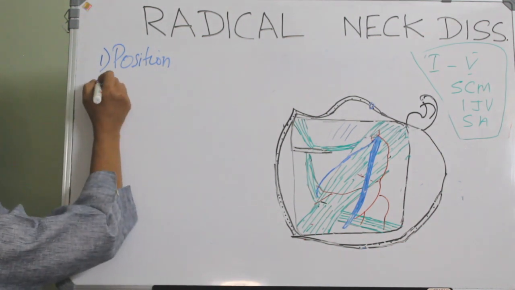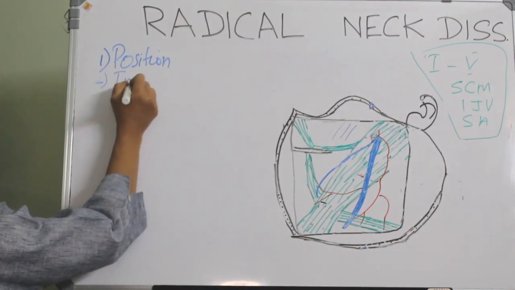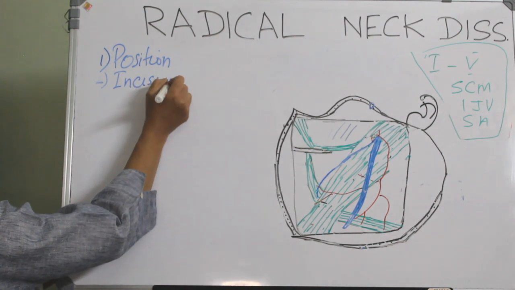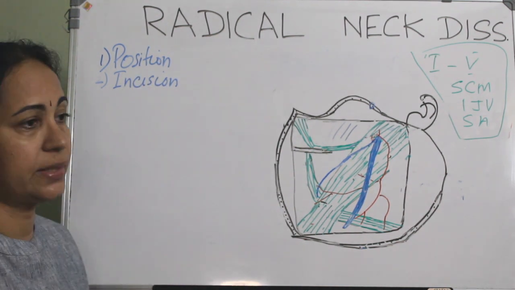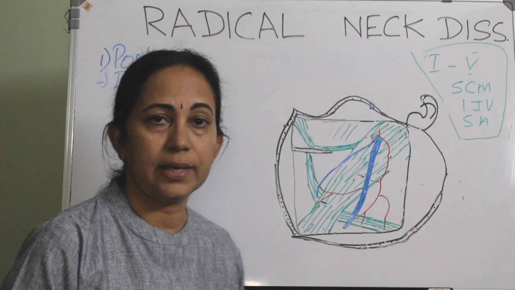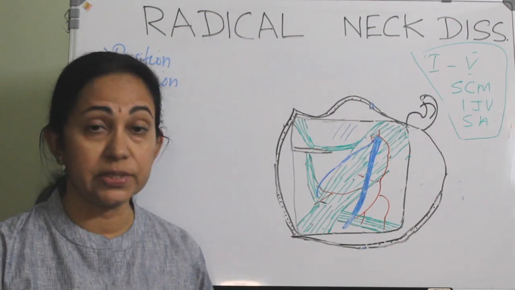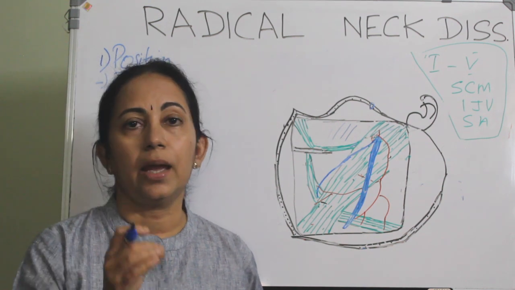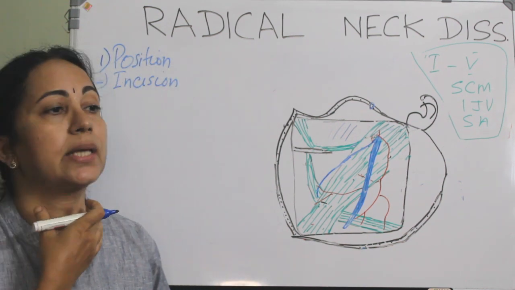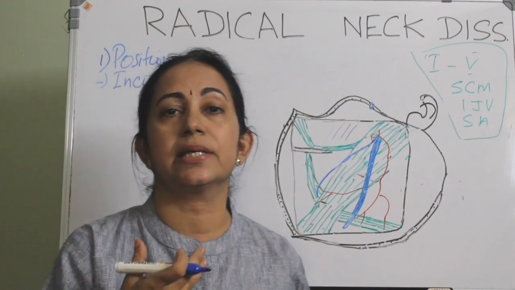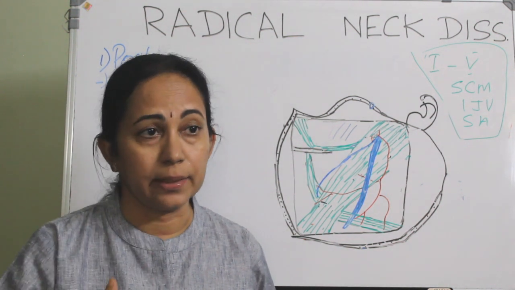And second is incision. Regarding incision, we discussed the decision factors in the last class. According to that, you decide which incision is needed, and in the neck, especially in the anterior neck, the platysma is inserted into the skin.